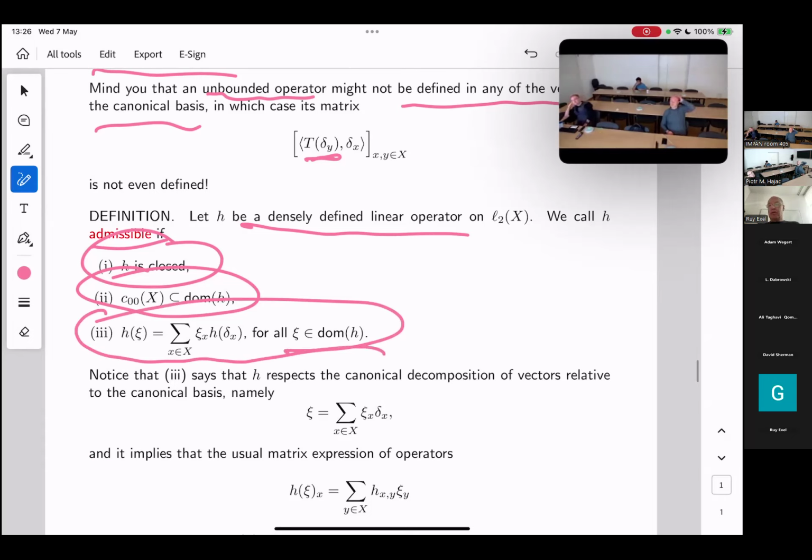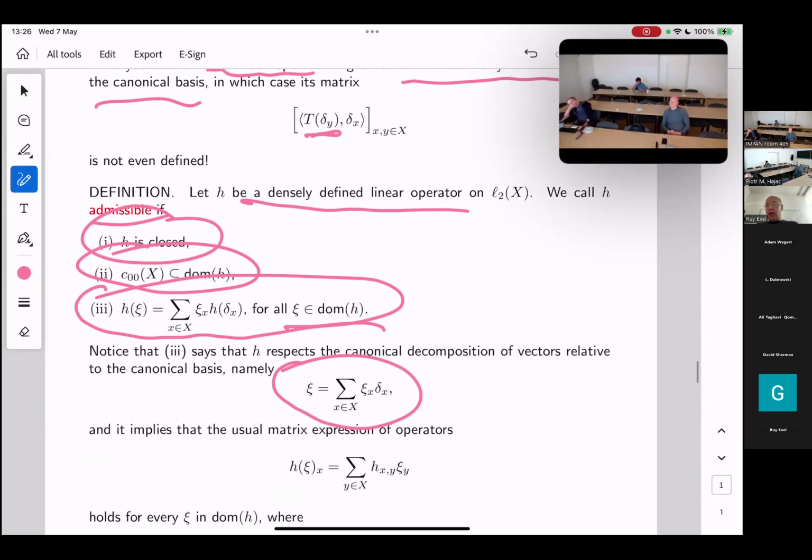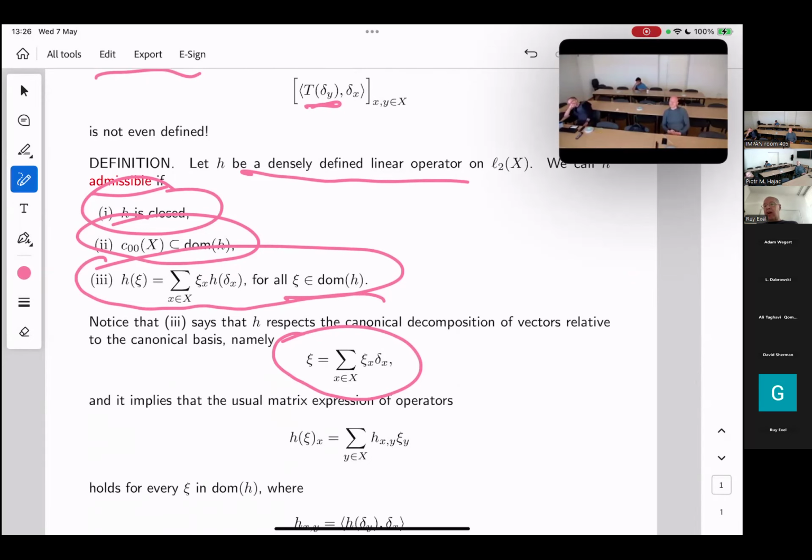Okay. So what does formula 3 say? Let's analyze formula 3. Every vector psi has a decomposition relative to the canonical basis with coefficients psi x. If you apply H on both sides of this formula, the formula says that you are allowed to take H inside the sum.